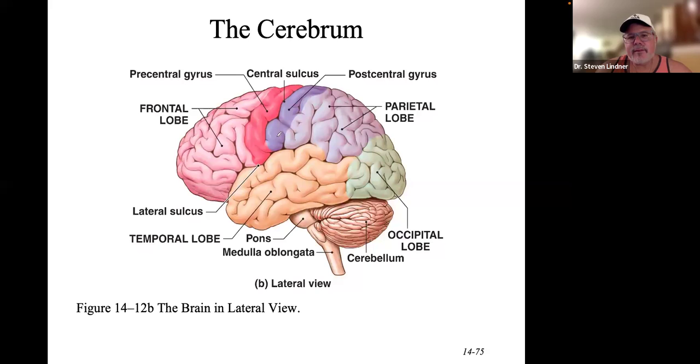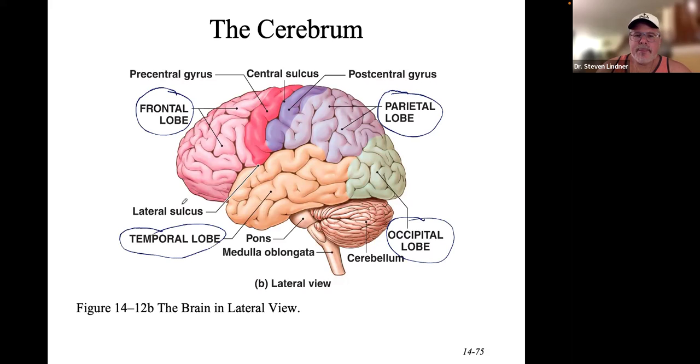I like this brain also because it shows the four primary areas of the cerebrum. In the pink, we see the frontal lobe. In the green, we see the occipital lobe. In the lavender or light purple, we see the parietal lobe. And then in the tannish color, we see the temporal lobe.